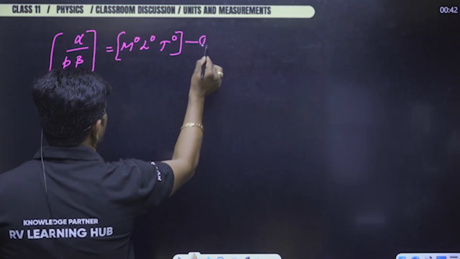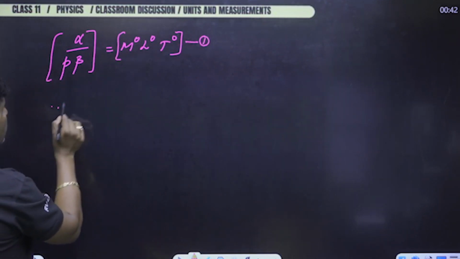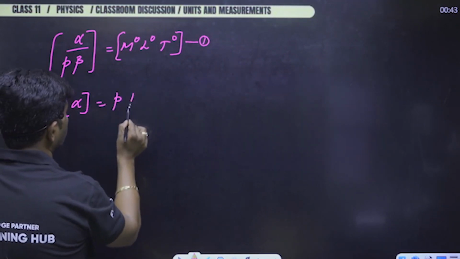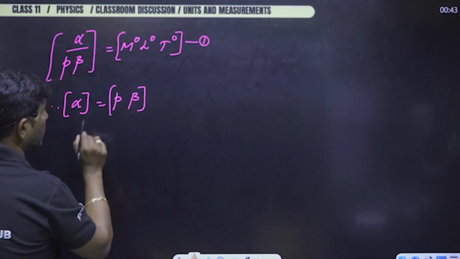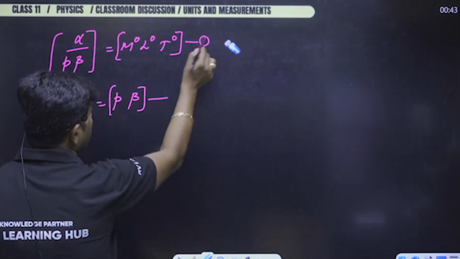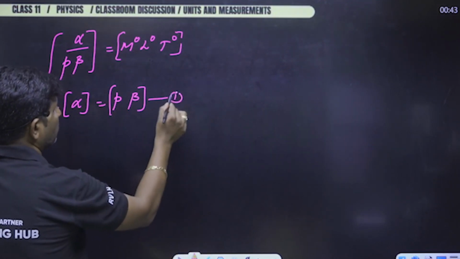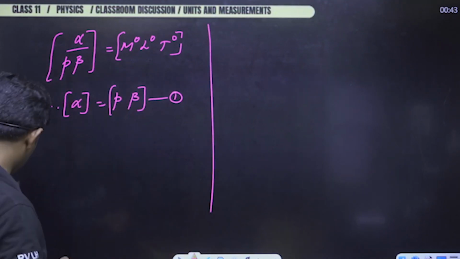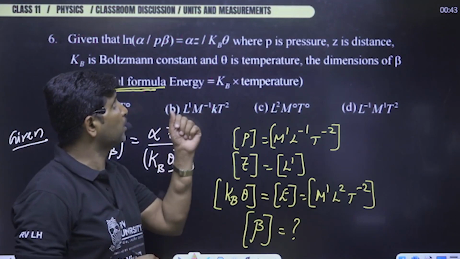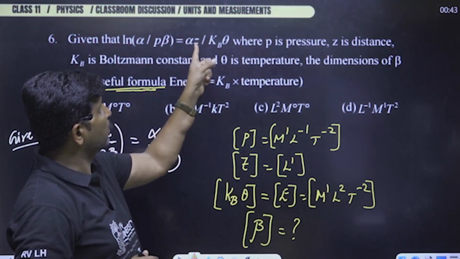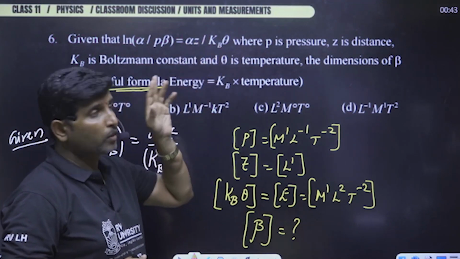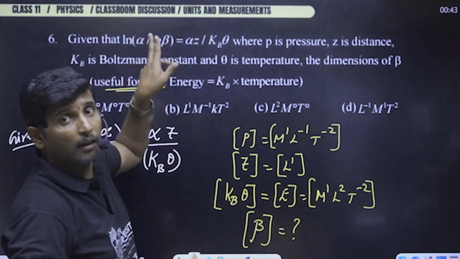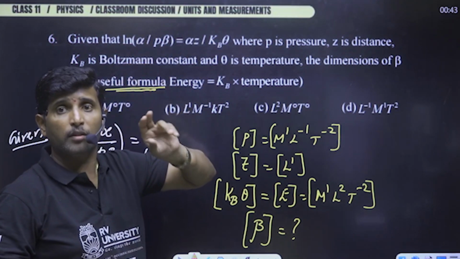Let us call this equation 1. Therefore we can say that the dimensions of alpha must become equal to p into beta. Let us keep that equation as it is. And see here, whenever you observe the right hand side, alpha into z divided by kb into theta, since it is equated to this quantity, the logarithm of any quantity always gives a number.